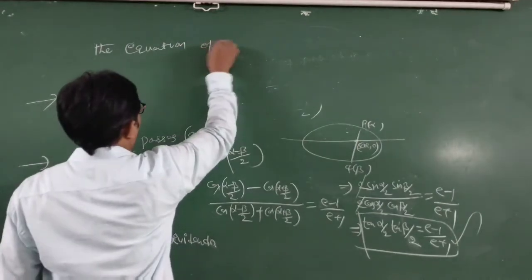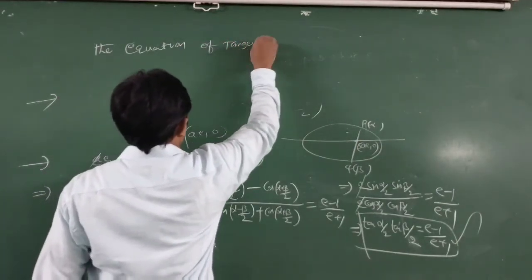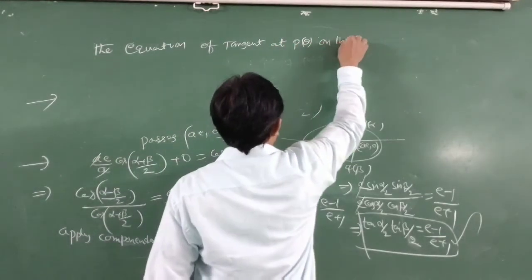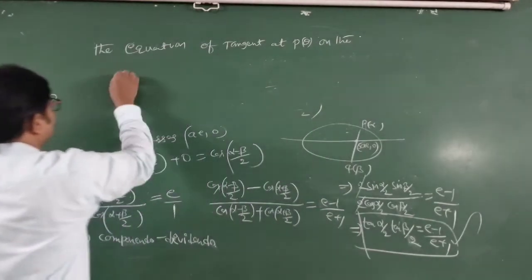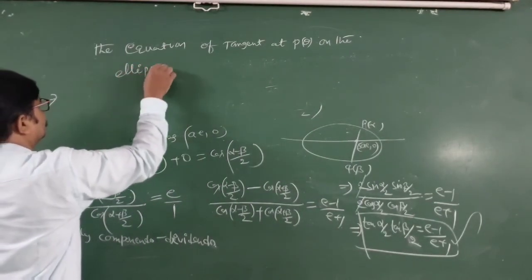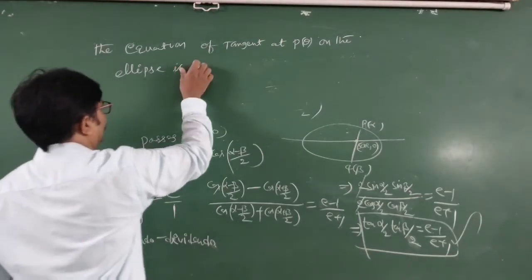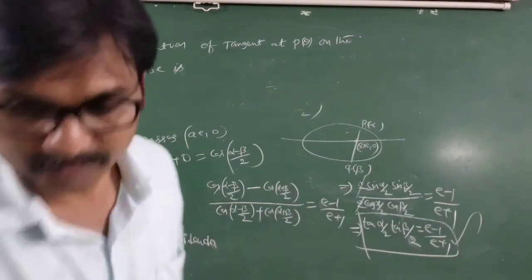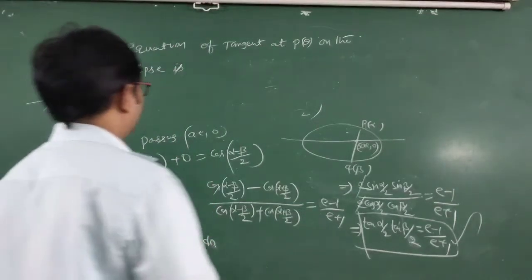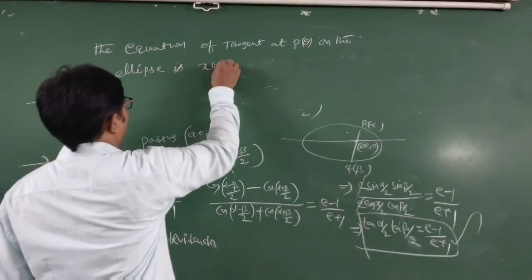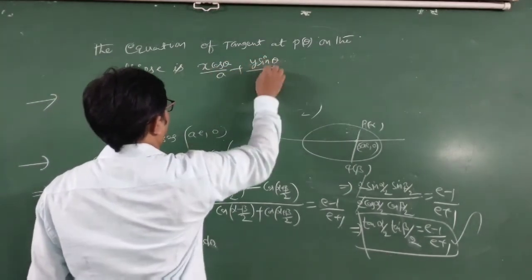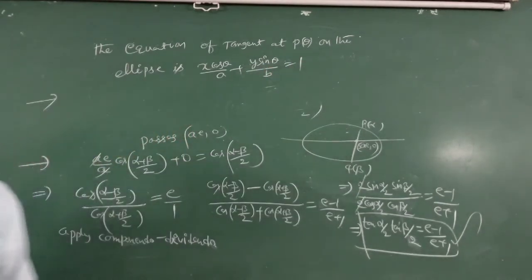The equation of the tangent at P of theta on the ellipse is, students, x cos theta by a plus y sin theta by b equal to 1.